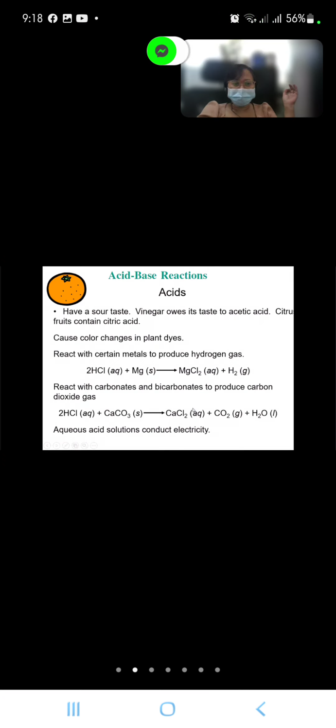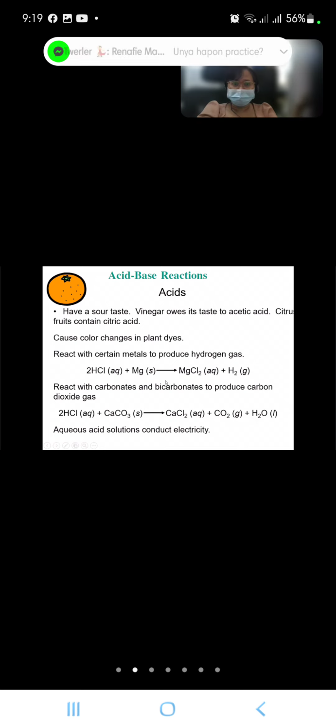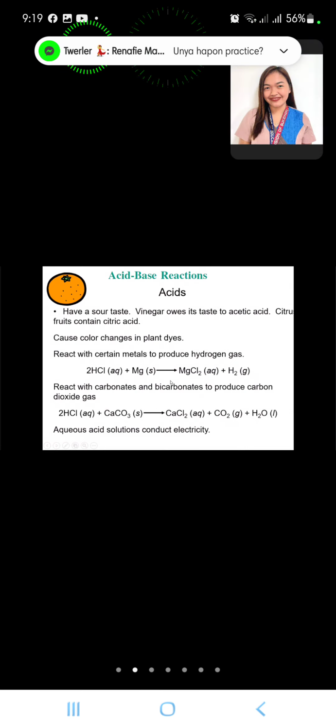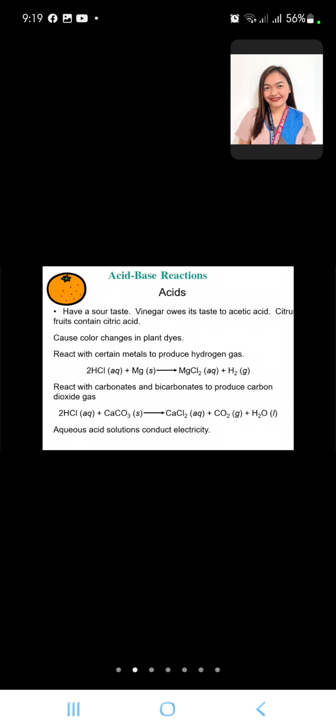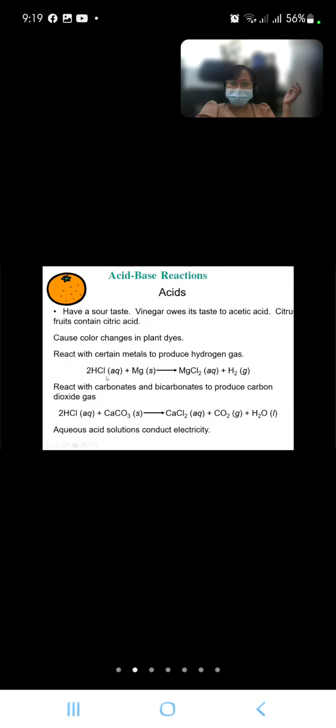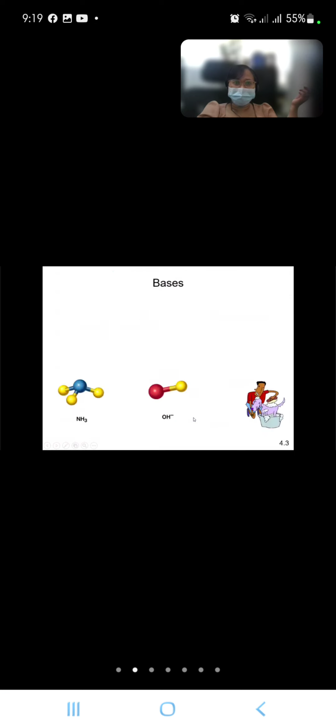Aqueous acid solutions can conduct electricity. Like hydrochloric acid, as I said earlier, the strong electrolytes are strong acids, strong bases, and ionic compounds. And the hydrochloric acid is one of the strong acids. Okay, so in aqueous solution, a hydrochloric acid, which is a strong acid, will dissociate into ions. So it can conduct electricity.